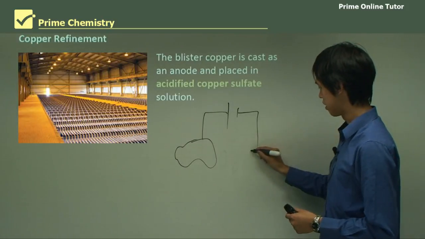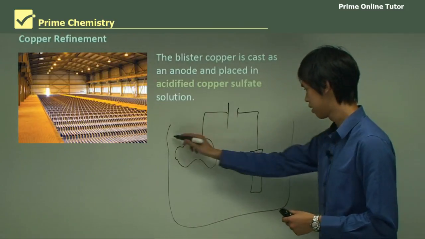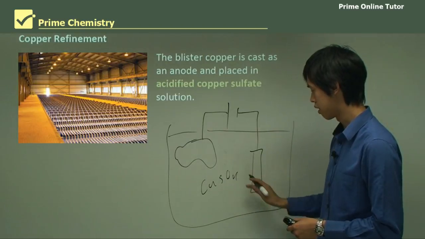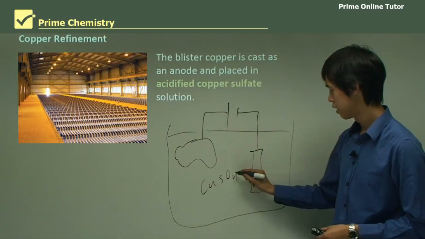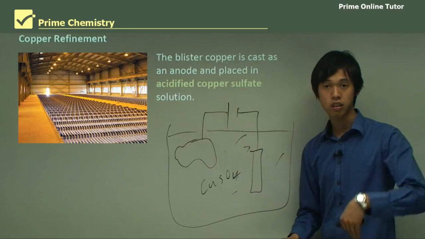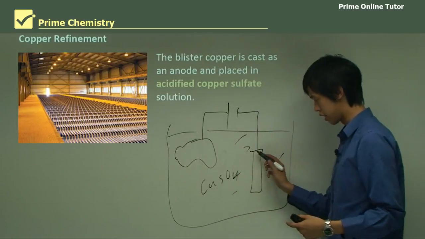Then you've got a plate of pure copper on this side, and CuSO4, copper sulfate solution, as the liquid. And so the electricity forces the copper in here to accumulate over here.